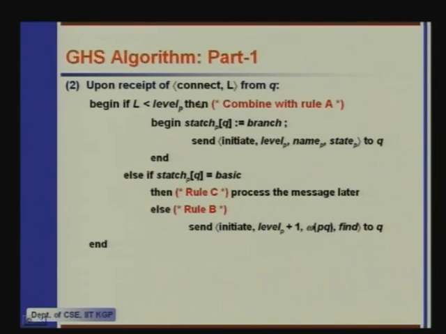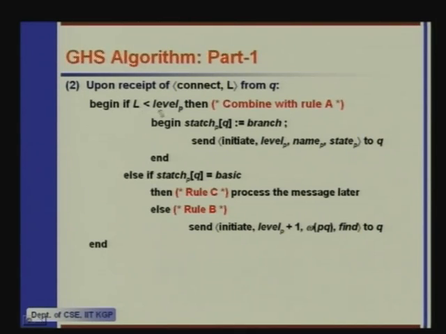So, it sends this initiate message to Q, so that every node in the fragment belonging to Q inherits the level, inherits the name, inherits the state of P, and also reorients the parent pointers to point to the core node of the fragment to which P belongs.